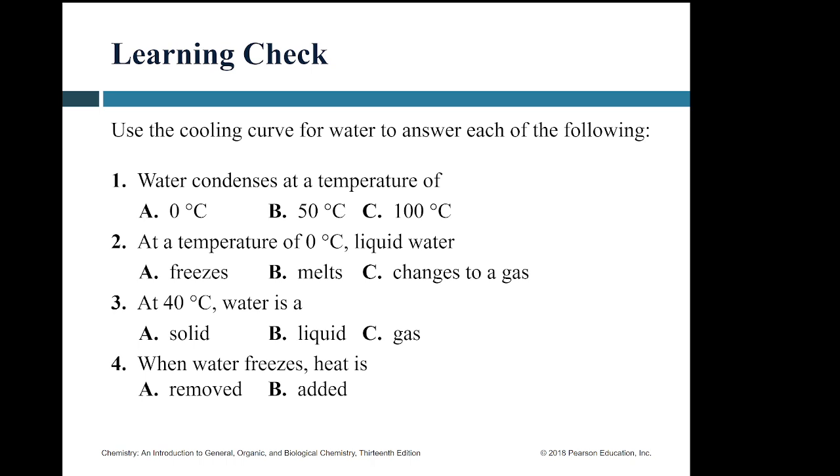Okay. Using the cooling curve for water to answer each of the following, water condenses at a temperature of what? Okay, so what's the opposite of condensation? Boiling, right? And so what's the boiling point of water?